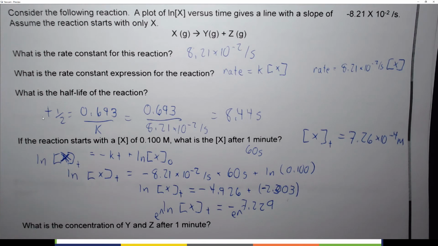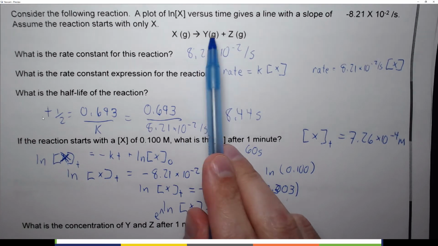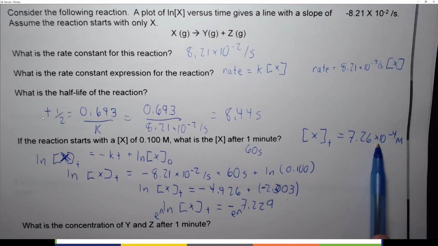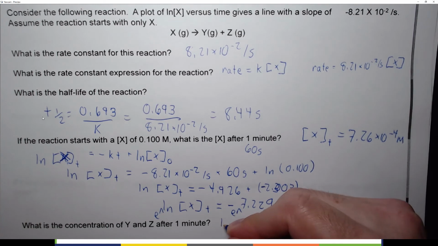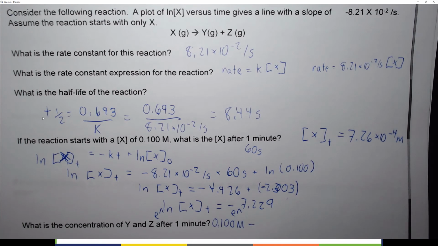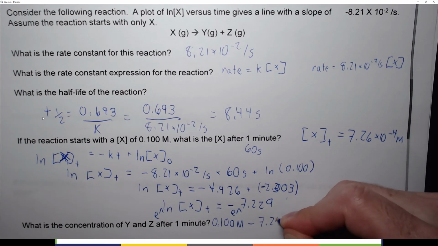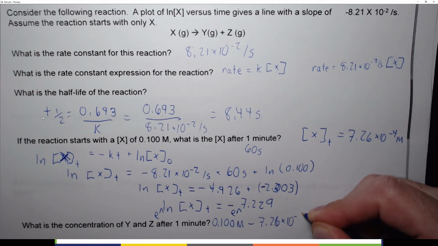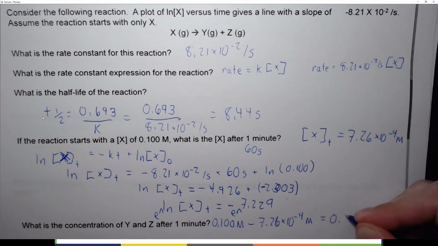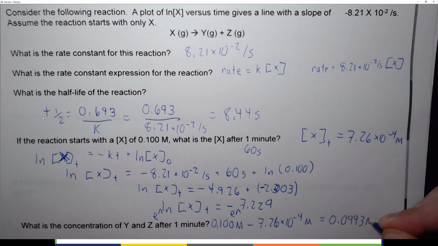It now asks us, what are the concentrations of Y and Z after 1 minute? Well, if all of the X turned into Y and Z, I'd have 0.1 molar Y and 0.1 molar Z. But in this case, not all of it turned, because a little bit of it is still X. So it's 0.100 molar minus the part that's still X, which is 7.26 times 10 to the minus 4 molar, which is equal to 0.0993 molar.